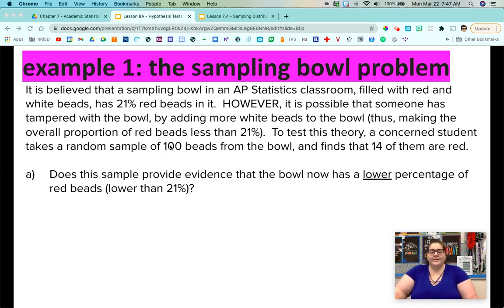So that one sample is not necessarily going to be a perfect, exact representation of the true percentage of red beads. Our goal is to find out: is this random sample, where we got 14 out of 100 red beads, so unlikely to happen that we would question the 21%, or is that just part of that chance variation?